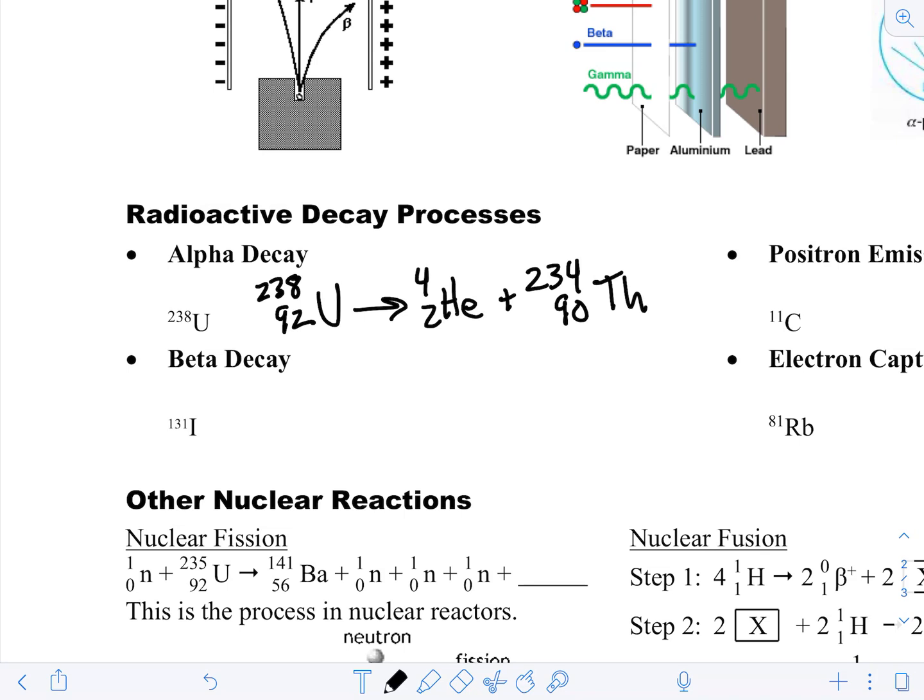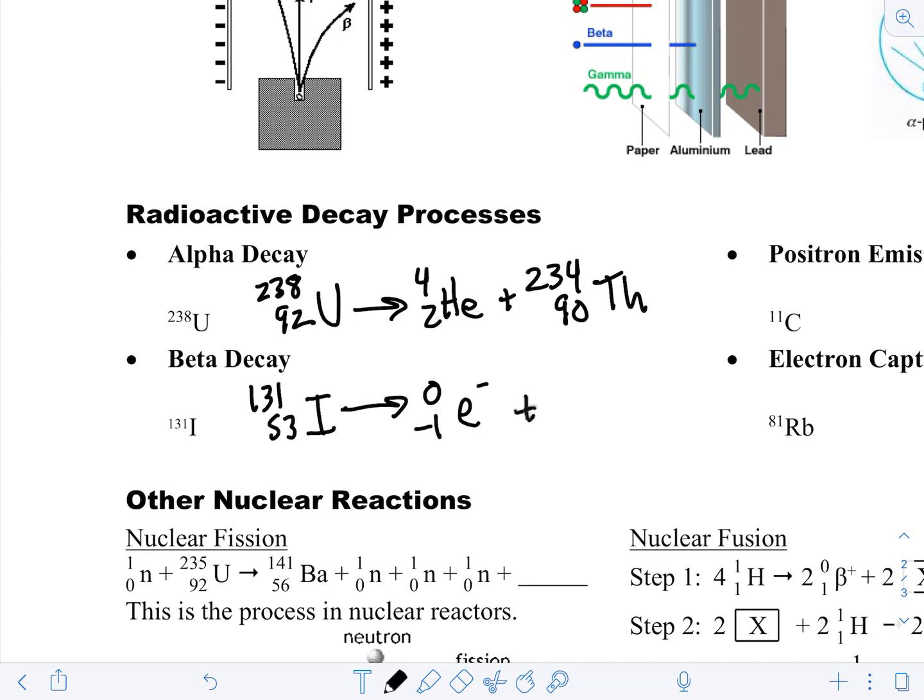Okay, so here is beta decay, and we're starting with iodine. It has a mass number of 131. You have to look up the atomic number for that on the periodic table, and it is 53. And because it is losing a beta particle, it's going to have a -1 charge.